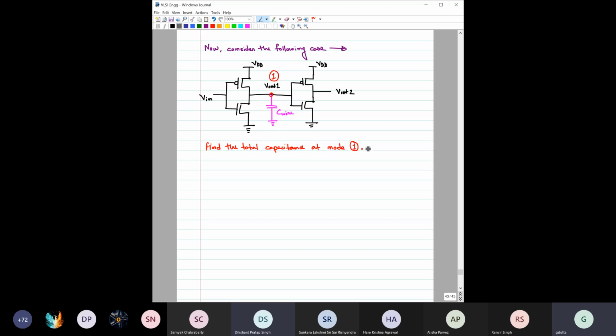This is required to find the propagation delay. Anyone can help me in this regard? What should be the total capacitance at this output node?